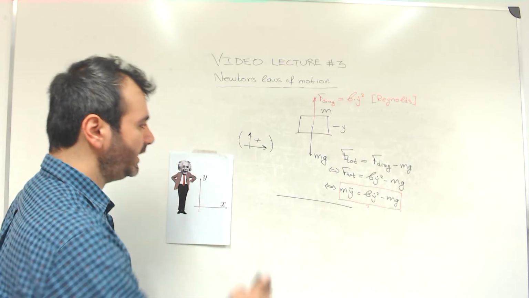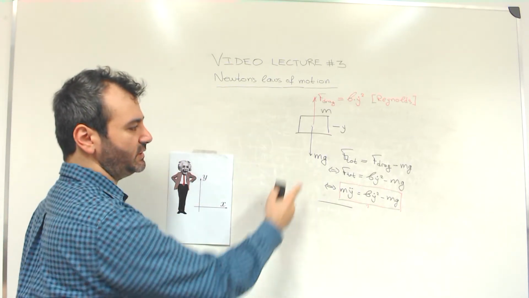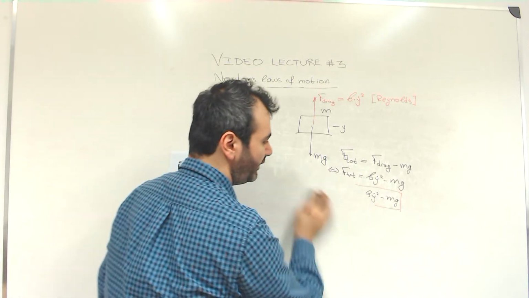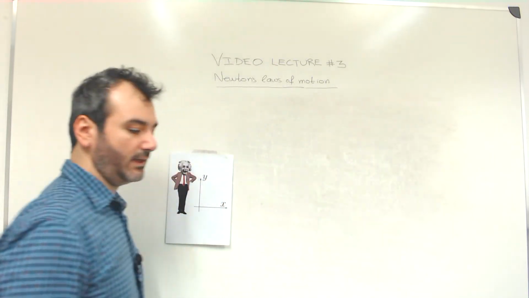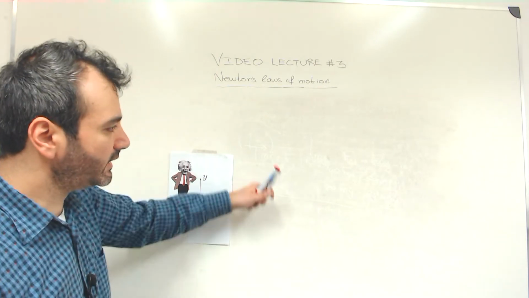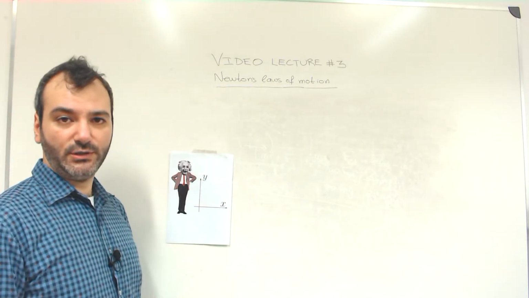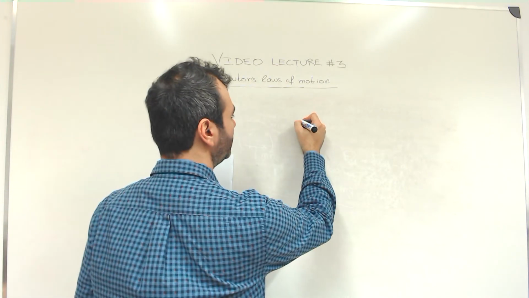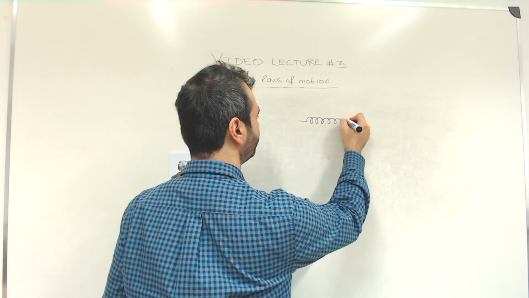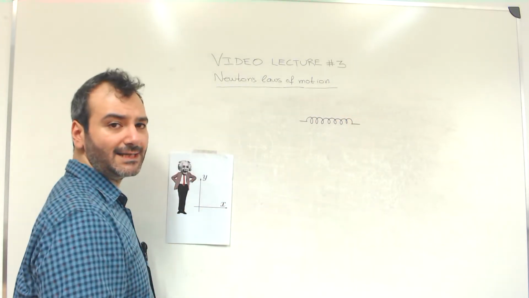Now, so far we have mentioned two forces. One is the weight, the other one is the drag force, and we have combined them in a couple of examples to derive equations of motion. Let us mention one more force, and this is the restoring force of a spring. So take an elastic spring.